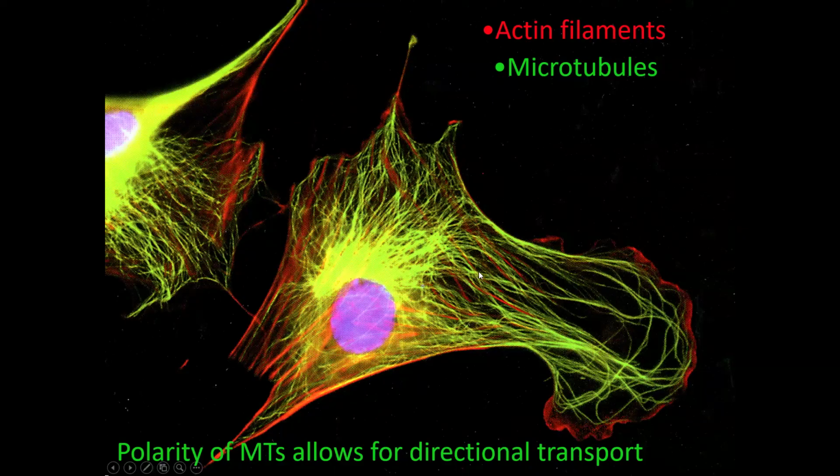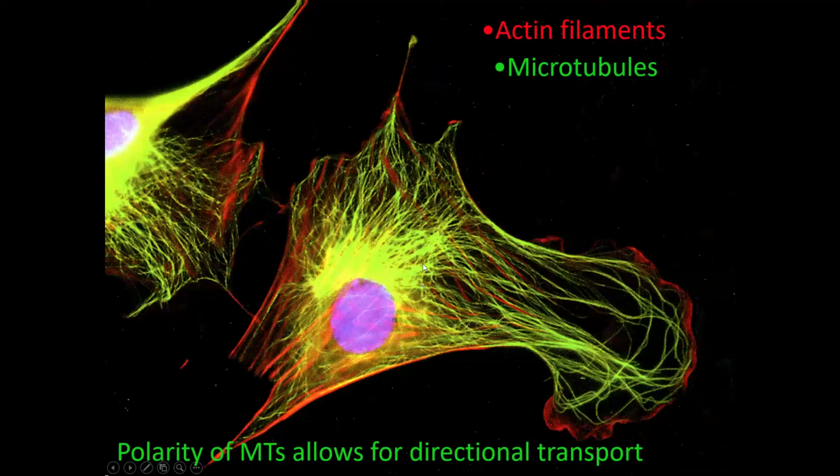This polarity is recognized by the microtubule motors. The kinesins move on microtubules and transport cargo towards the plus ends of microtubules, and cytoplasmic dynein moves cargo towards the minus end of microtubules.